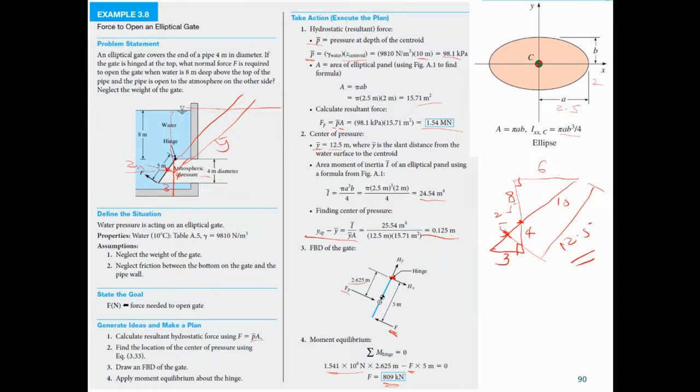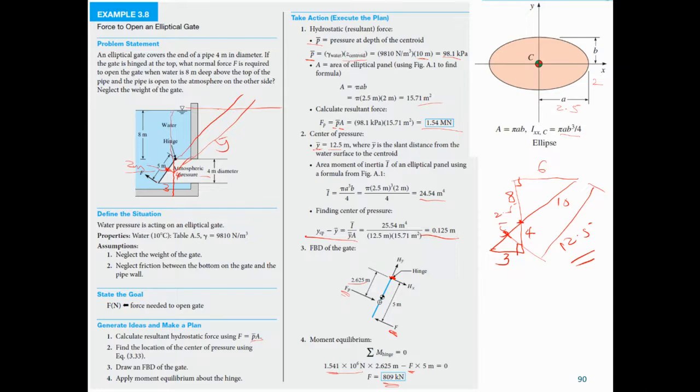This amount of force is applied here to open the gate. You can see that the force needed is less than the pressure force. That is because of the moment: you are generating moment about the hinge, and the farther you are from the hinge, the more moment you generate.